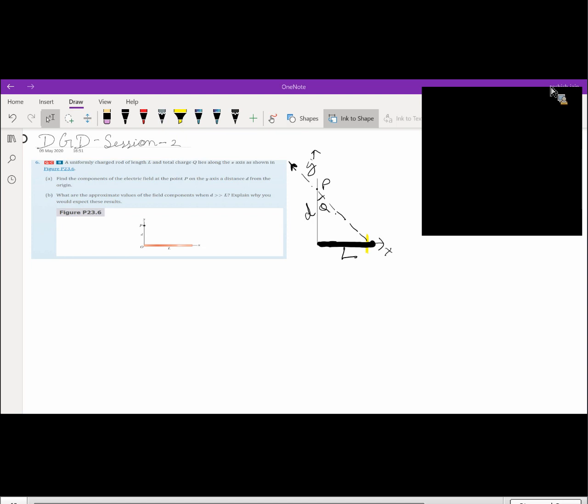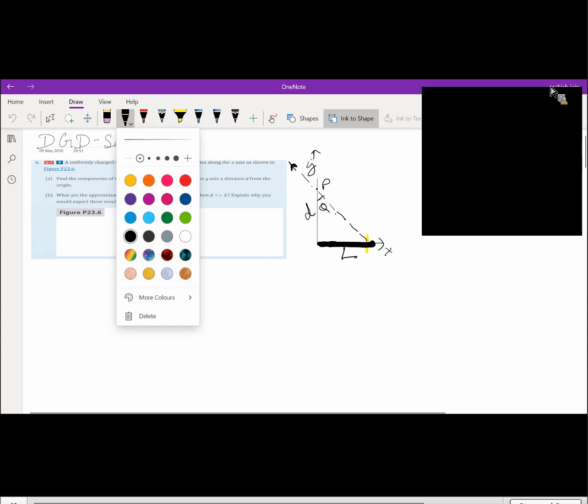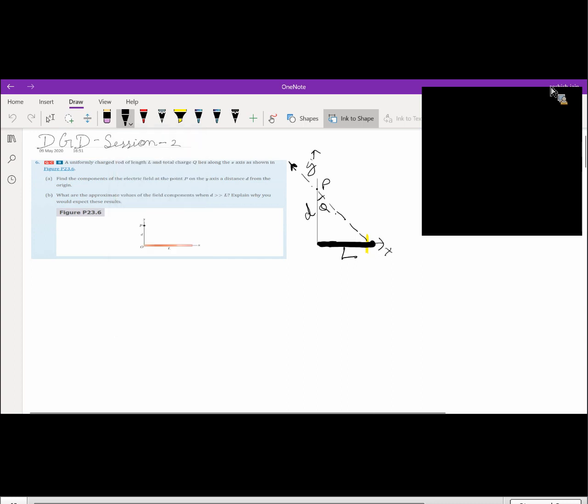So from the given part, the charge is distributed uniformly across the rod.